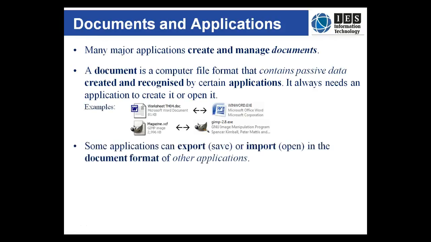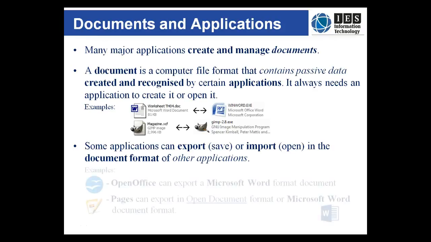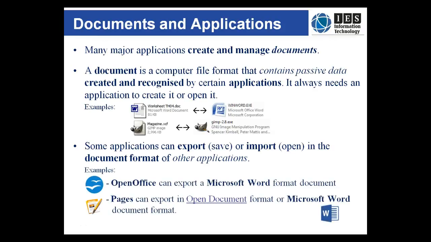Many applications can export, so that is save, or import, open, the documents of other applications. For example, OpenOffice and Pages can export files created in them as Microsoft Word format documents. In fact, each of these applications, Microsoft Word, OpenOffice and Pages, can import and export documents in the native document format of the others.